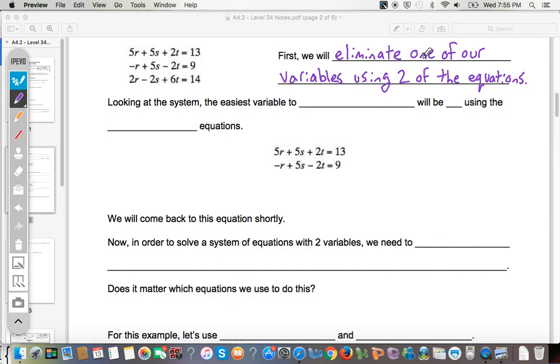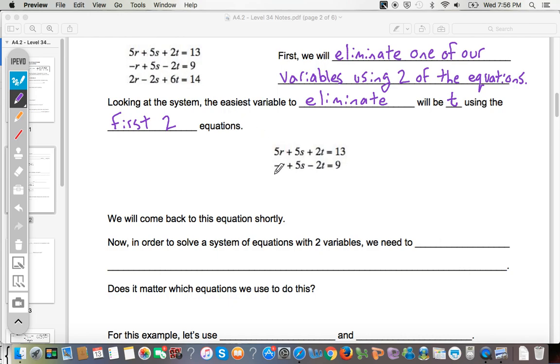Okay, so it's nothing different there. So we're going to pick 2 equations and try to eliminate one of our variables. So looking at this system up here, the easiest variable to eliminate will be t using the first 2 equations. And of course, that's because we don't have to scale either equation.